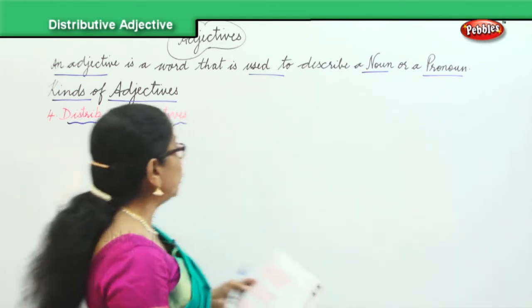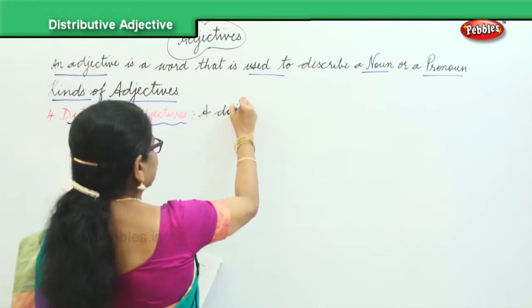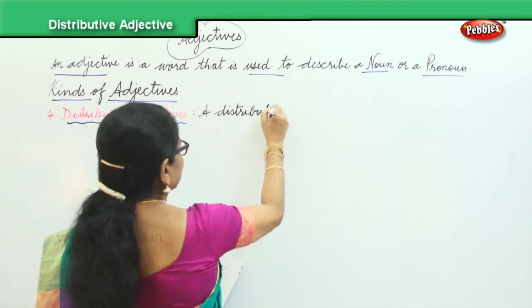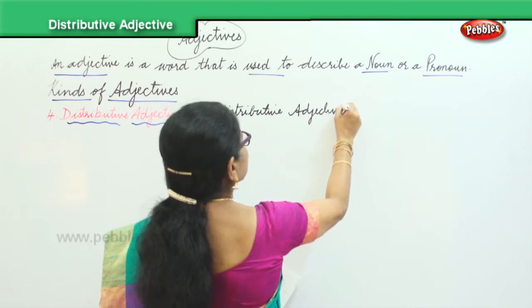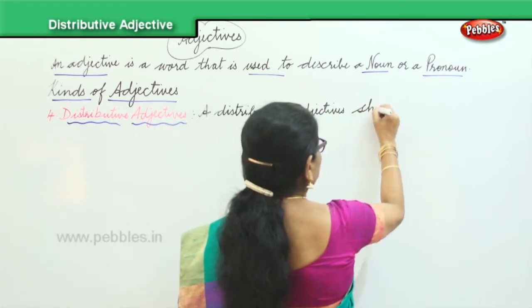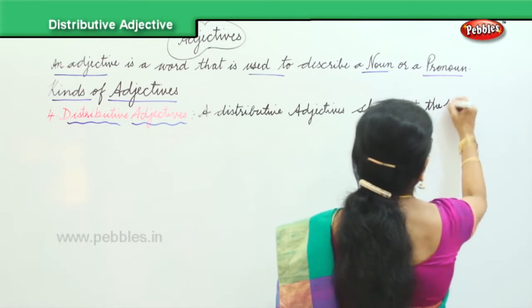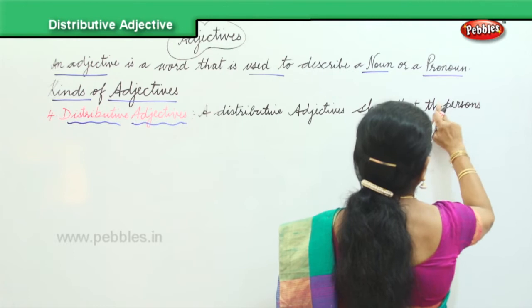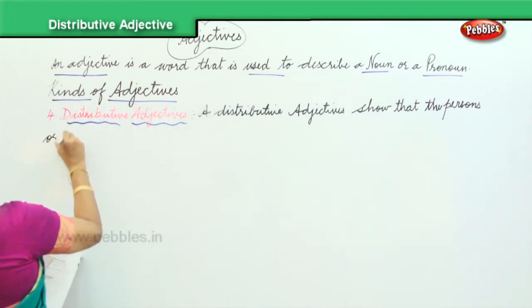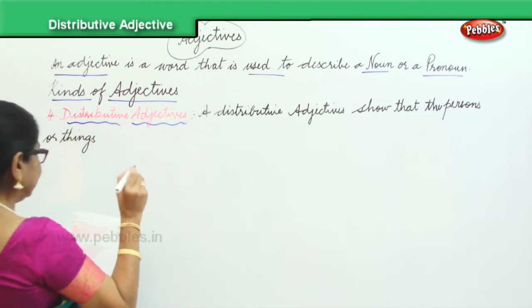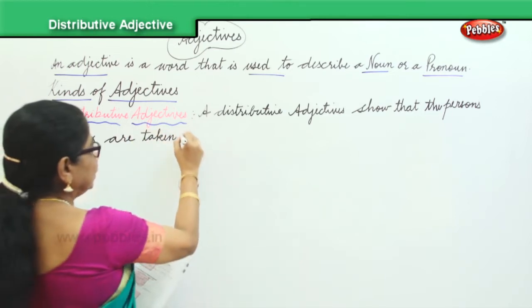A distributive adjective shows that the persons or things are taken one at a time.